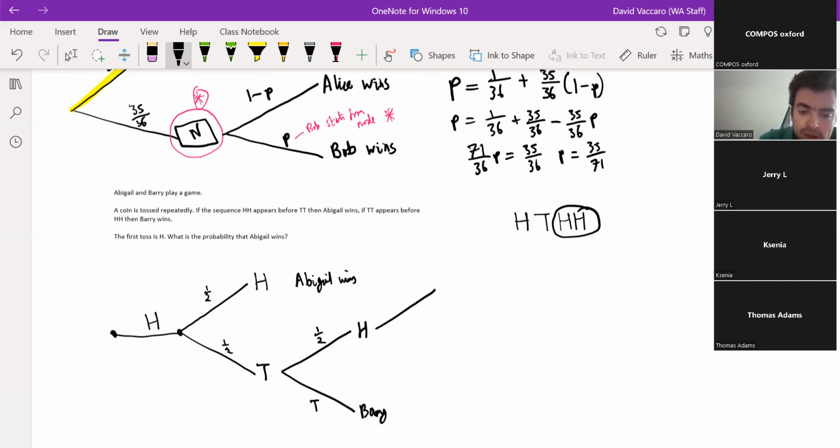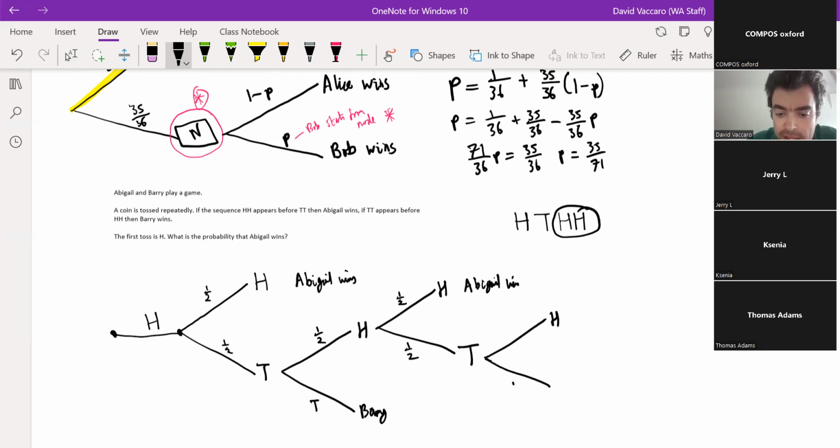If it's a head, we keep tossing, and if we get two heads, Abigail wins. If it's a head and a tail, we keep tossing. If it's then a head, we keep tossing. If it's a tail, Barry wins.